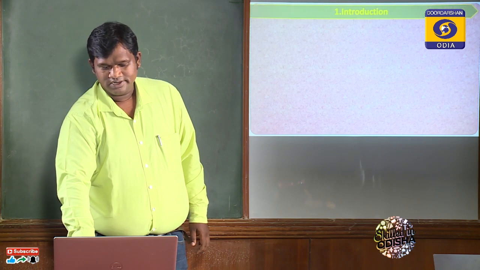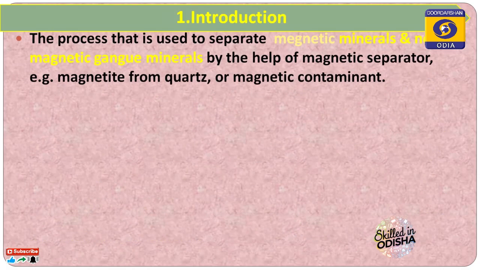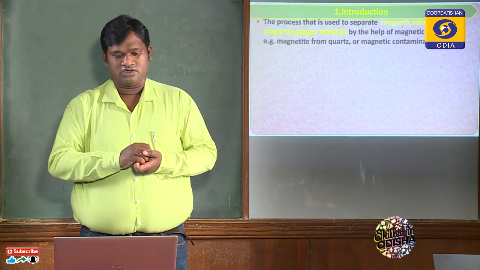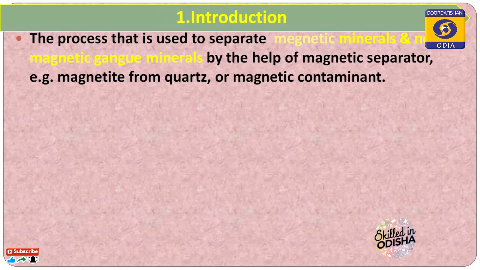In the introduction, earlier I said what magnetic separation generally is. It is the process used to separate magnetic minerals and non-magnetic gangue minerals with the help of a magnetic separator.